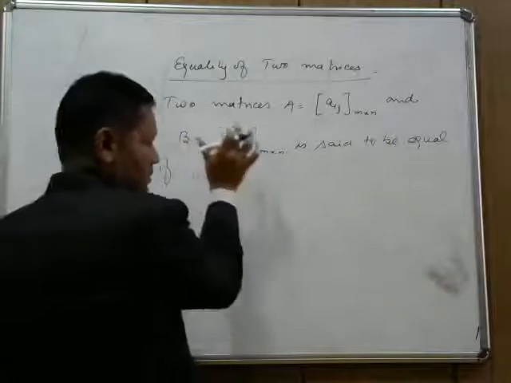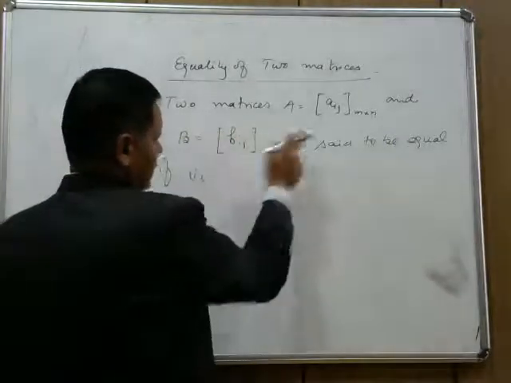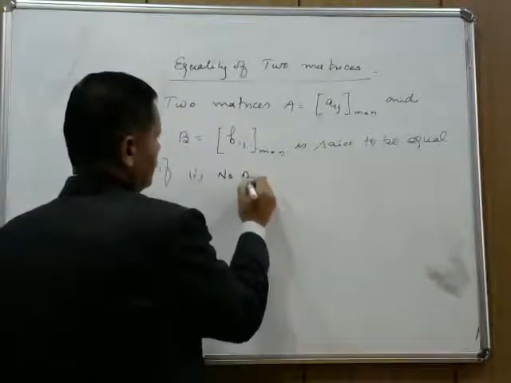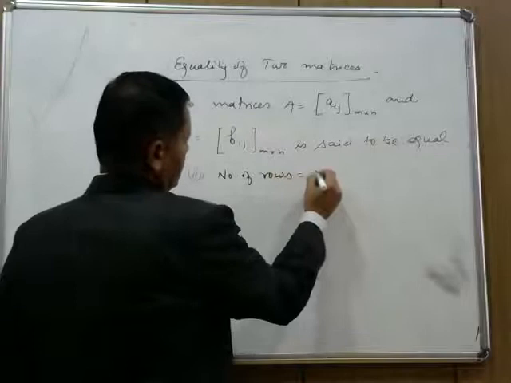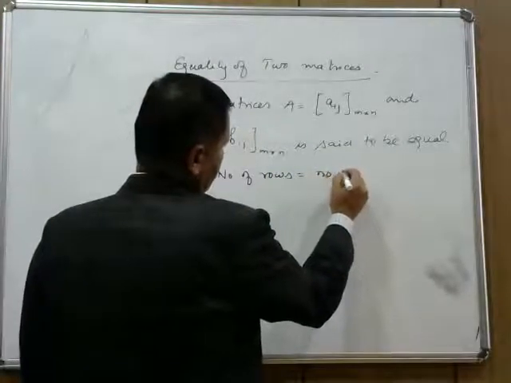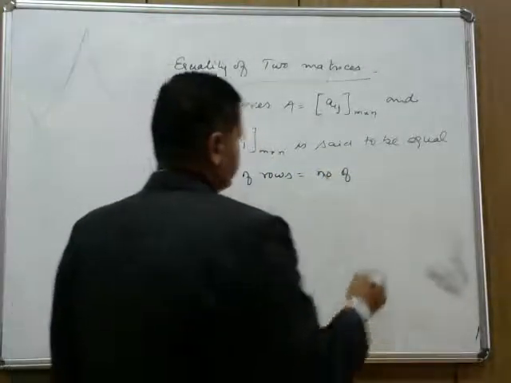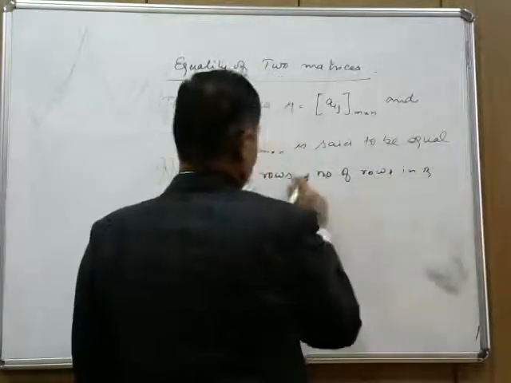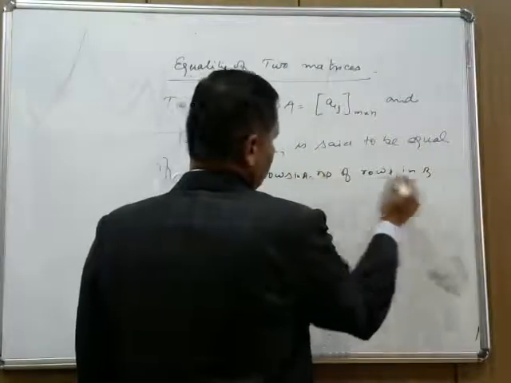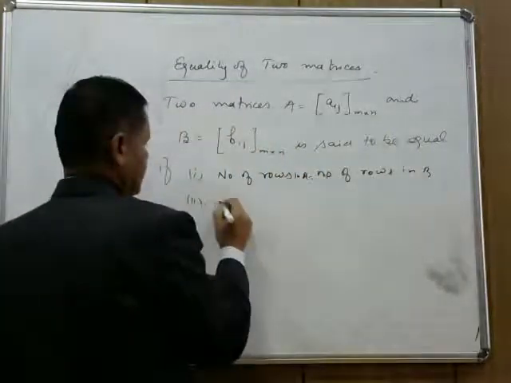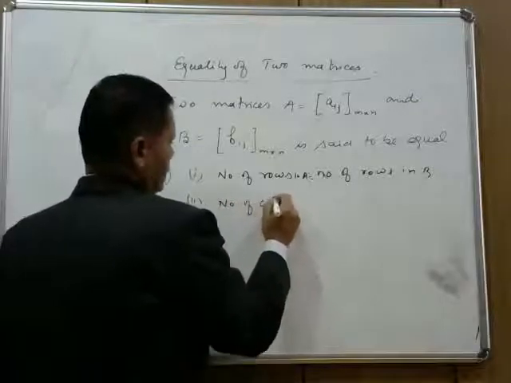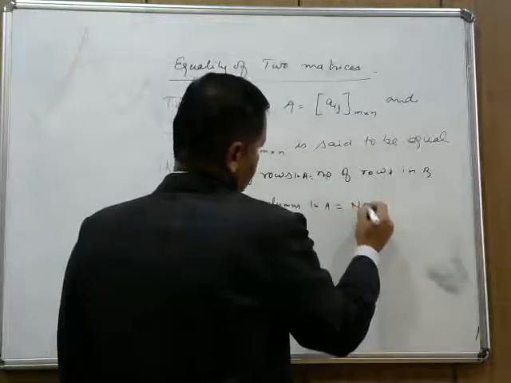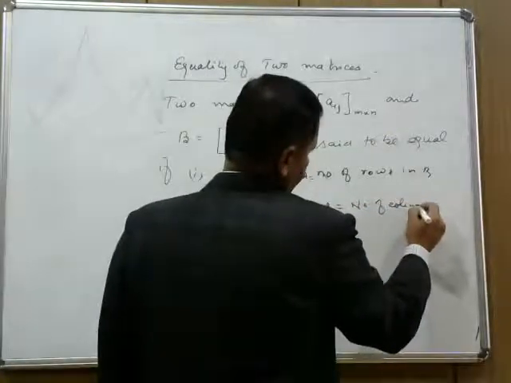So two matrices A and B are said to be equal if the number of rows in A is equal to the number of rows in B, and the number of columns in A is equal to the number of columns in B.